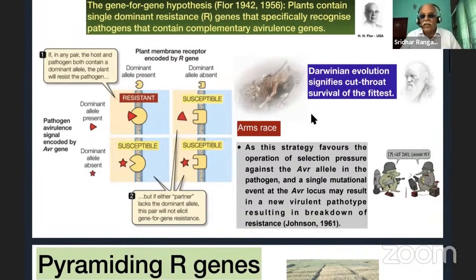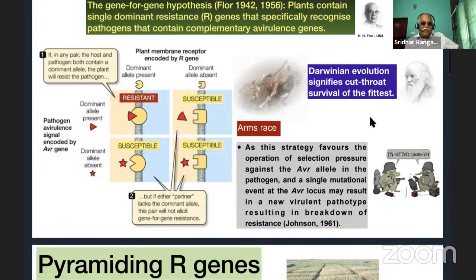But Darwin's theory of evolution signifies a threat for survival of the fittest. Always the fittest survives in the nature. And this causes the arms race between the host and the pathogen. Neither the host feels that it is safe, nor the pathogen feels it is safe.